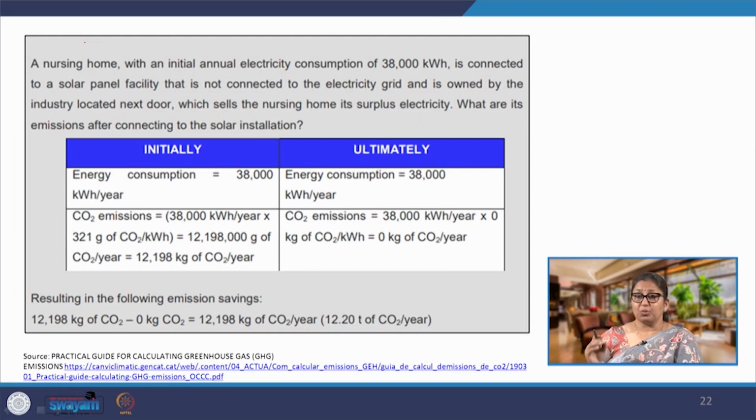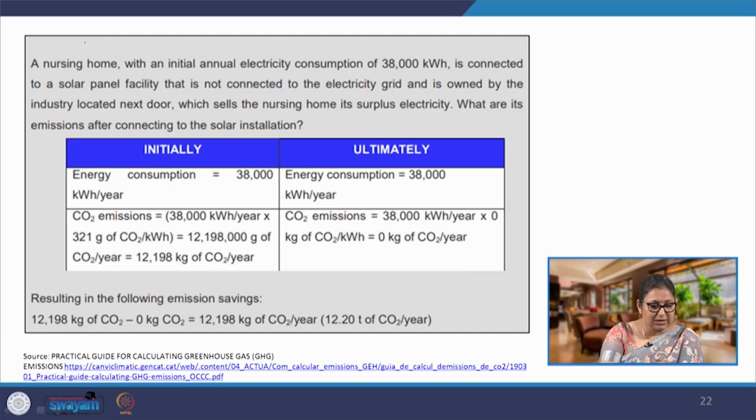We can look quickly at some examples. For example, there is a nursing home which is now connected to a solar panel facility that is not connected to the electricity grid, but it is owned by an industry, and the industry is giving them the surplus energy.